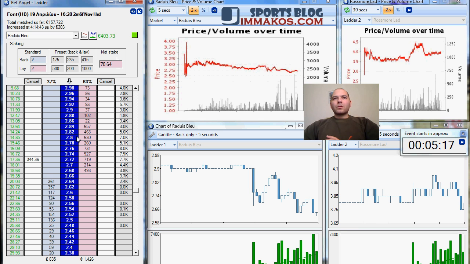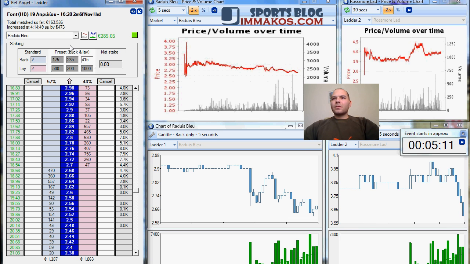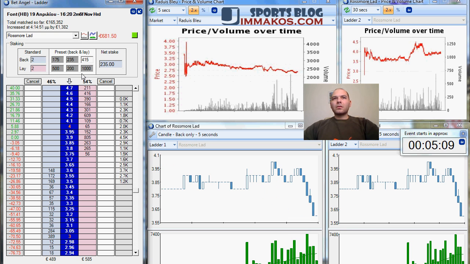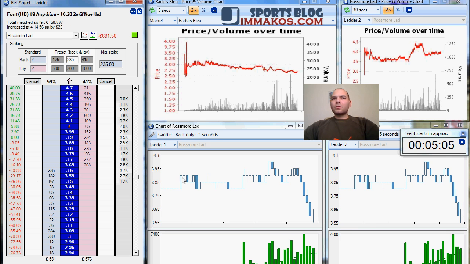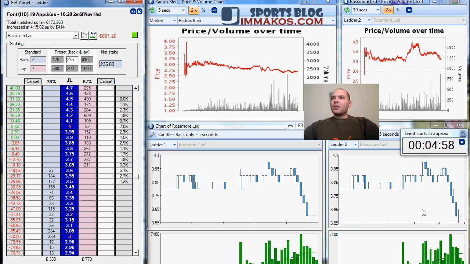I close out the first position and I cancel the first, as now the support level has been verified twice, while in the graph of the second horse, we see that the support level, at which I have laid the horse, has been broken.